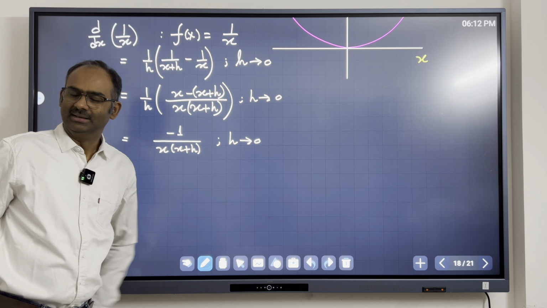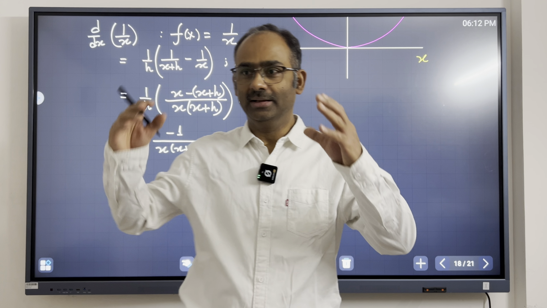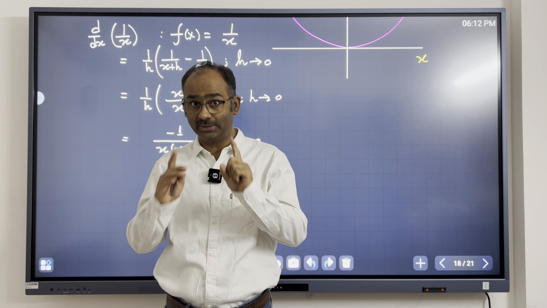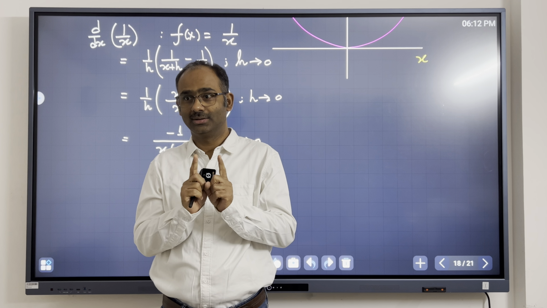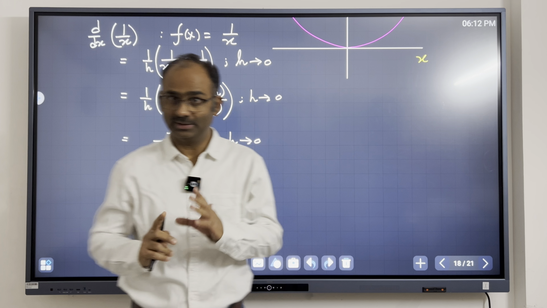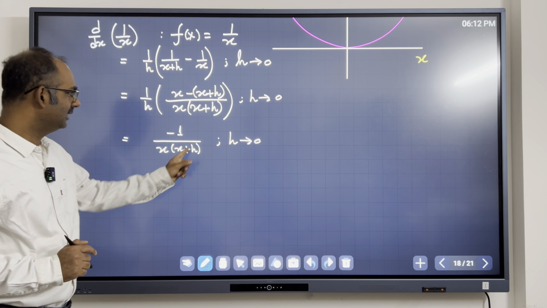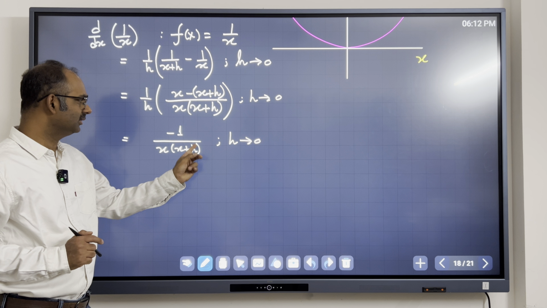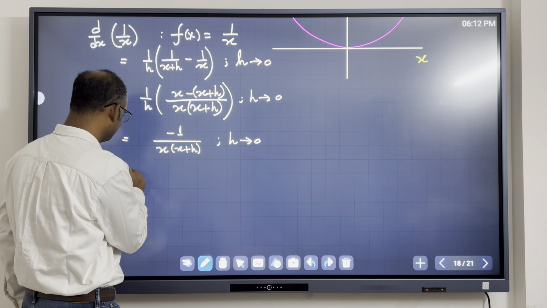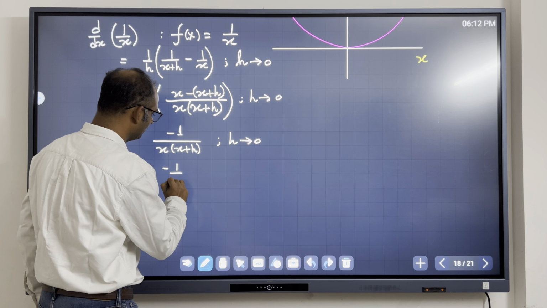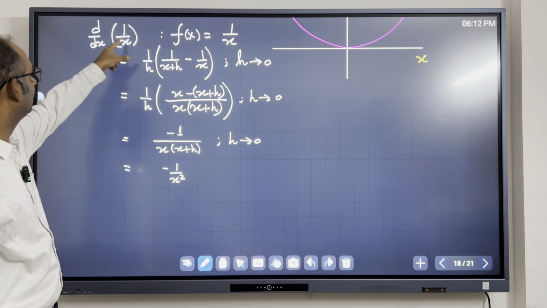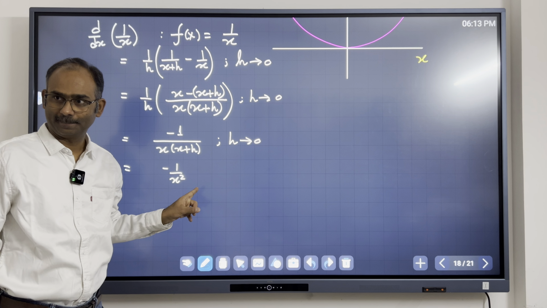See, what happens is the numerator becomes 0, the denominator also becomes 0, but the ratio is not 0 in that limit. Remember this. Now when h goes to 0, there is nothing like 0 over 0. So this is minus 1 over x square. That's the result: d over dx of 1 over x is minus 1 over x square.